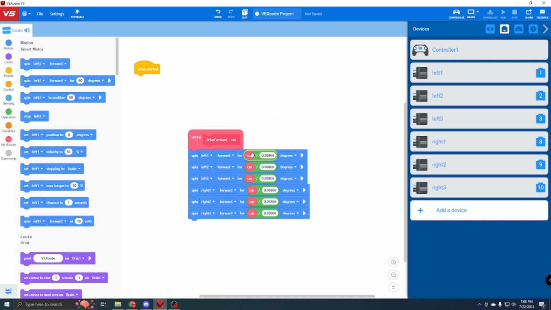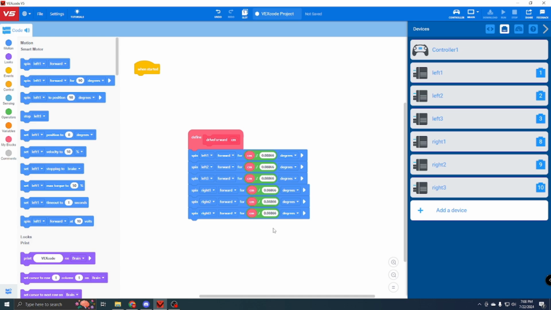And so what this block is doing is it's taking this input, right? So a number of centimeters, and it is taking that input and dividing it by that 0.08866. And again, that number is only for 4-inch wheels. If you're using 3.25 or 2.75 or 6-inch wheels or anything other than 4-inch, it's going to be a different number that you need to calculate for yourself, but just in the same method that we did previously, right?